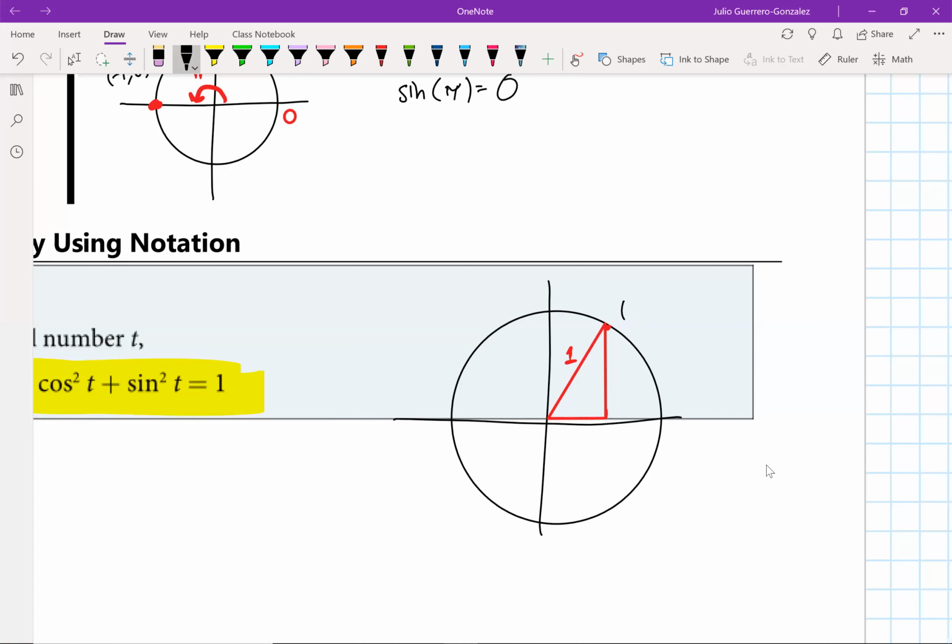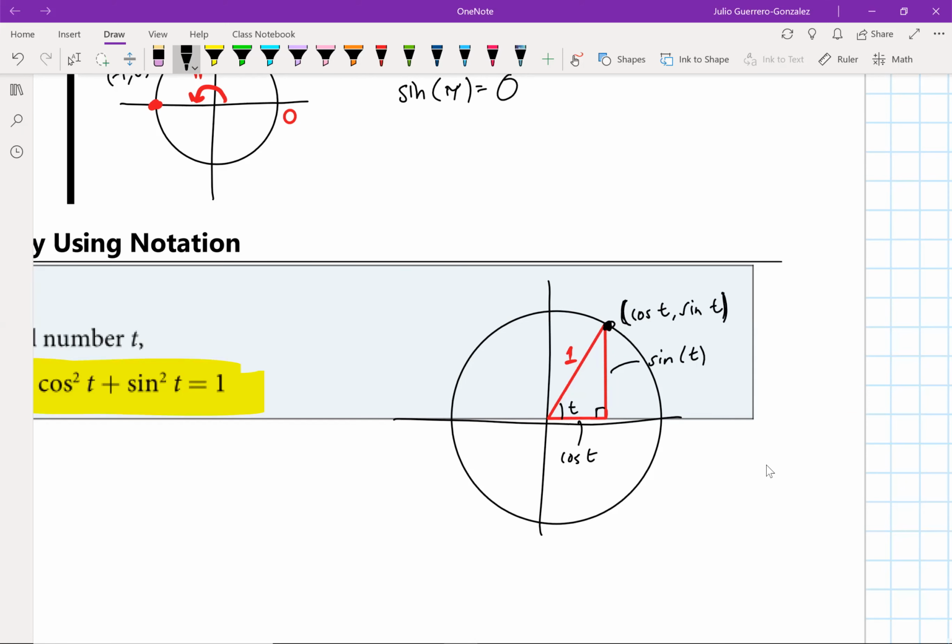Okay, so we know that this point right here, cosine of t, sine of t, is going to be the coordinate for it, given that this is the angle t, this being a right angle. Which means this leg right here is cosine t, and this piece right here is sine of t.